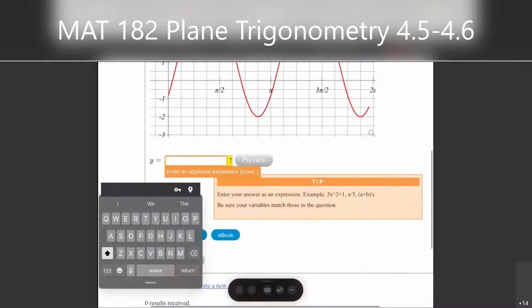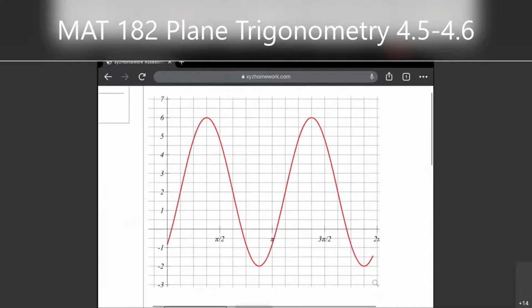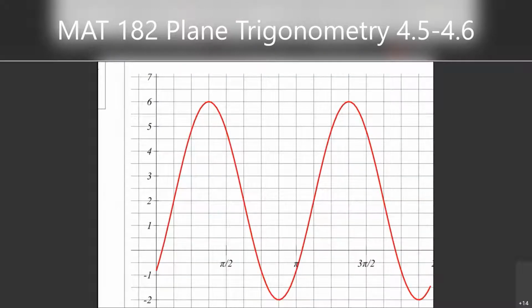Well, Mr. Cogman, why is it 4 on the amplitude? I don't understand. Yeah, so let's look. The midline is 2, because we take the average between 6 and -2, which is 2. So the midline is at 2. And then from 2 to my maximum is a range of 4 values.